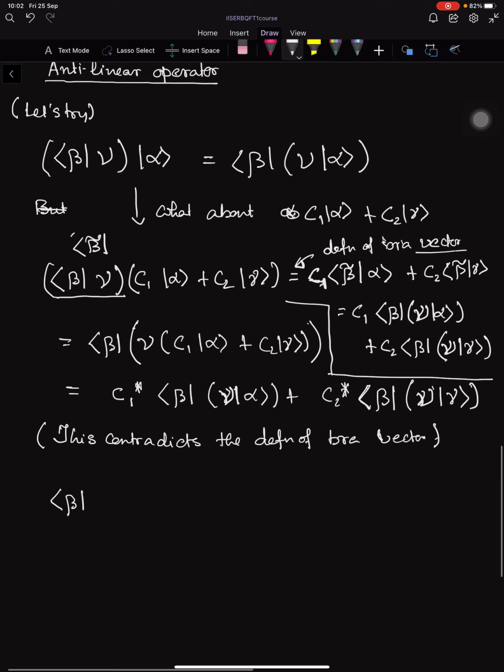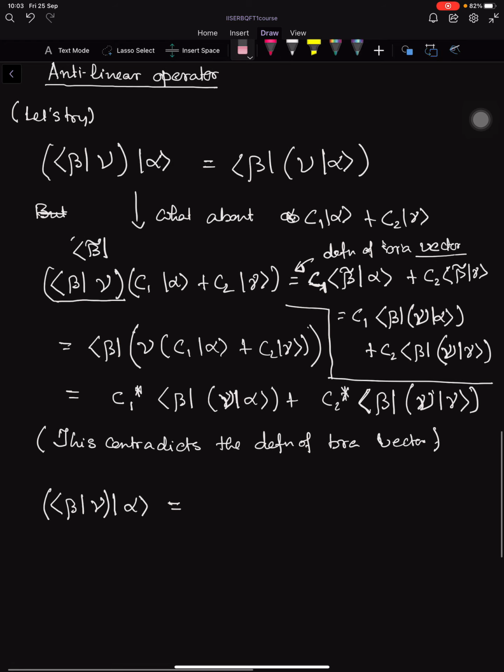So beta V alpha is the same as, sorry, wait, not alpha, beta V alpha star.